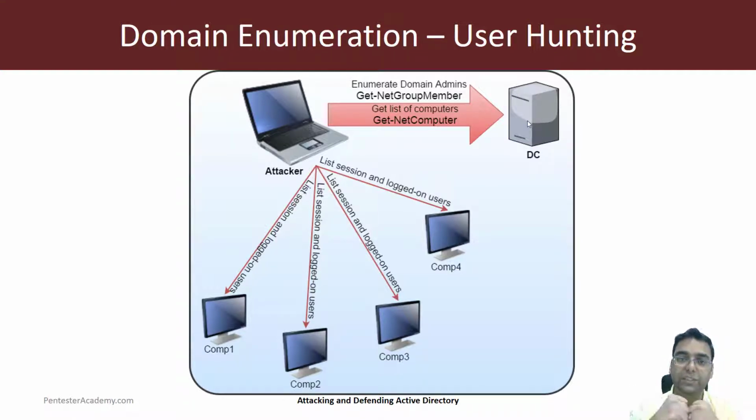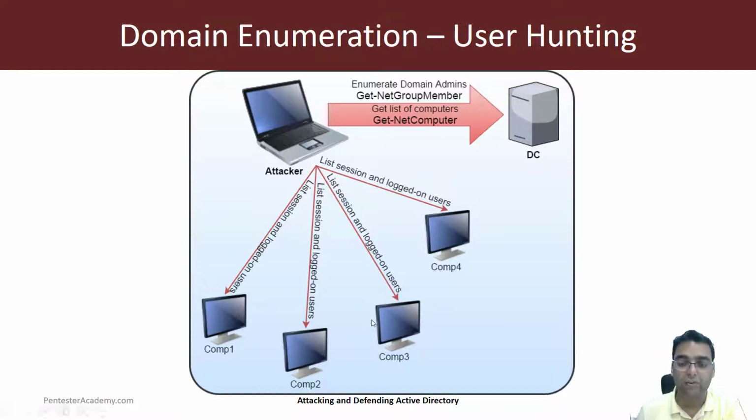Armed with these two pieces of information, it goes to each and every machine in the domain, lists sessions and logged-on users on that particular machine, and checks the sessions against the membership of the domain admins group.